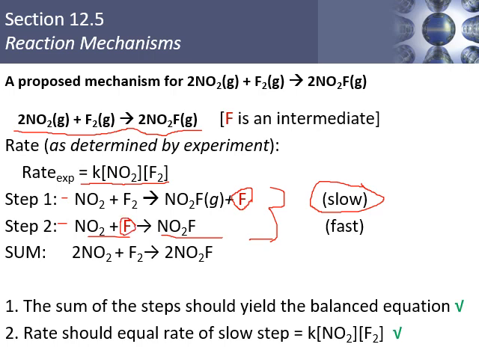So it was produced here in step 1, and then it was used up at the beginning of step 2, so it doesn't turn up over here at the end in the final product. So when you add these together, the F's are going to cancel because they're on both sides. So we call F an intermediate. And let me just draw an arrow and point you back up here to the top. Okay, so if we add everything together on the left and the right, as I said, we get 2NO2 plus F2 gives 2NO2F.